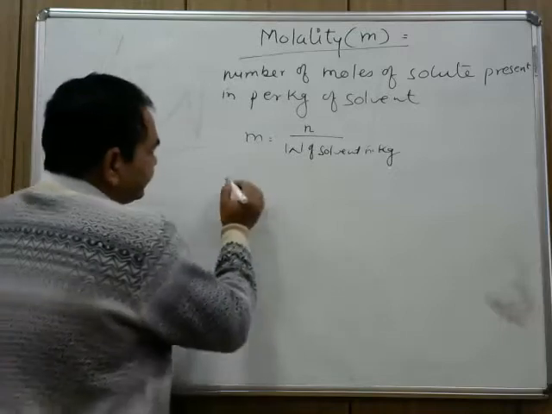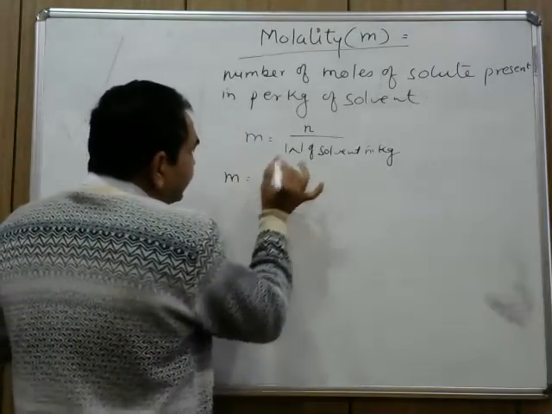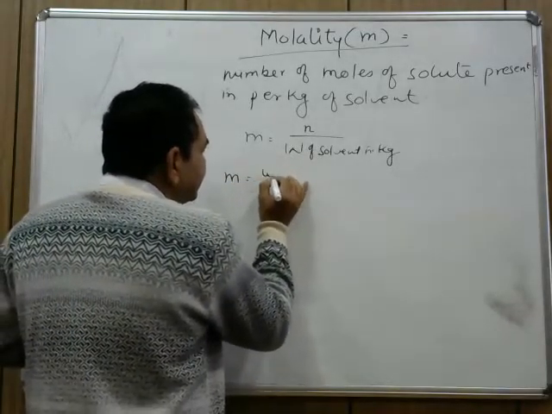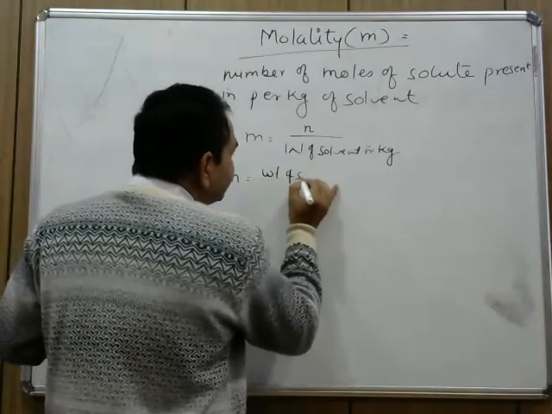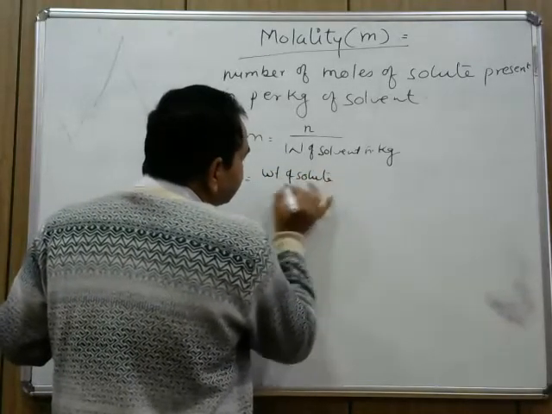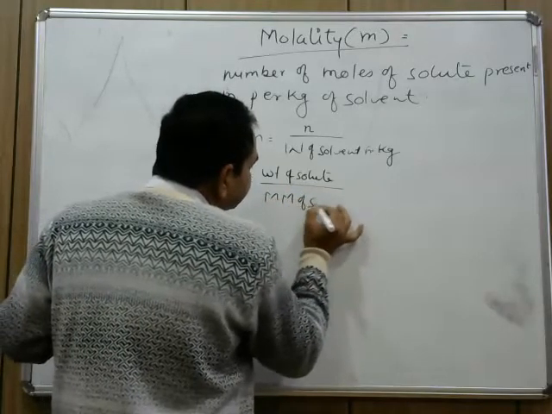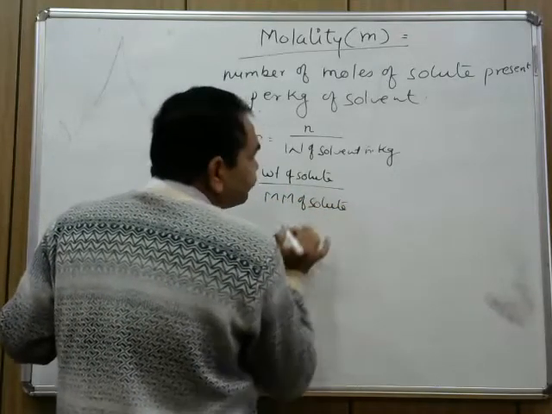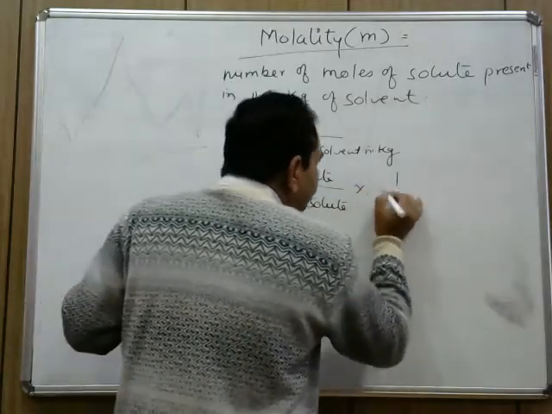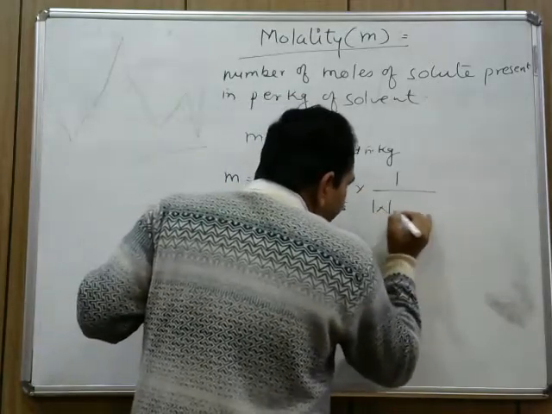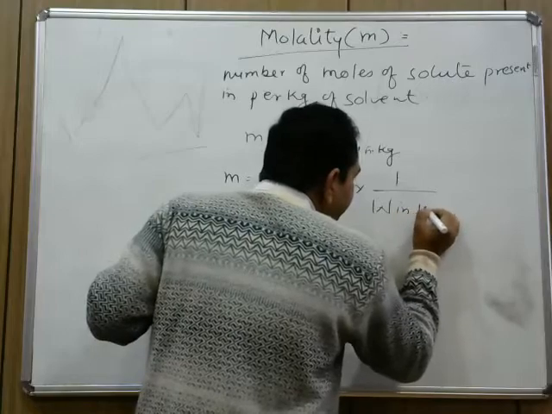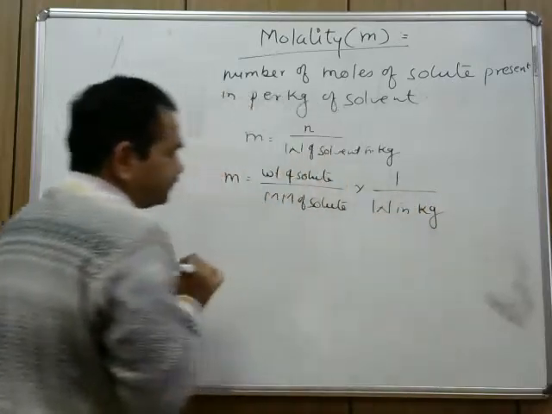Then again, number of moles is given by weight of solute divided by molecular mass of solute into 1 upon capital W in kilograms.